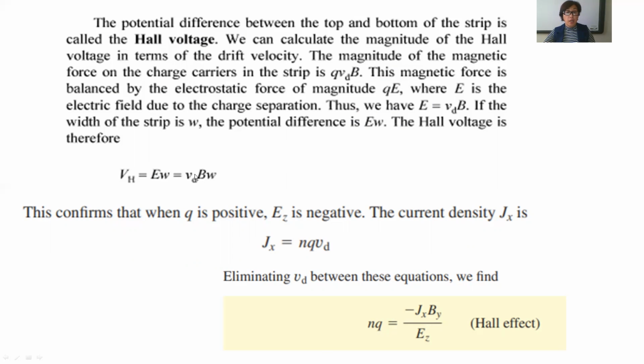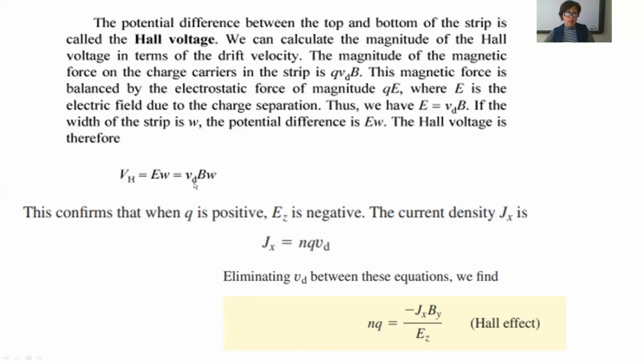For the final formula, the current density is J equal to q n v_d. Eliminating the drift velocity between this equation and the voltage, n q equals the current density divided by the drift velocity.